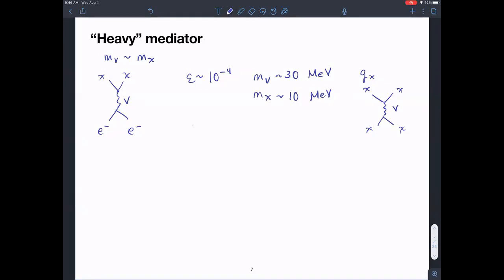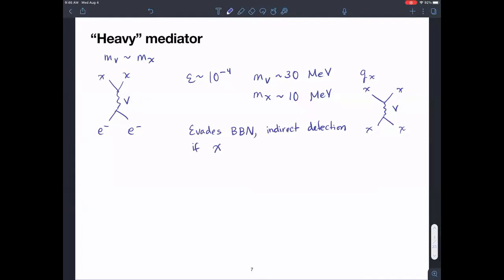So this will get around BBN constraints. It will also satisfy all the indirect detection constraints.